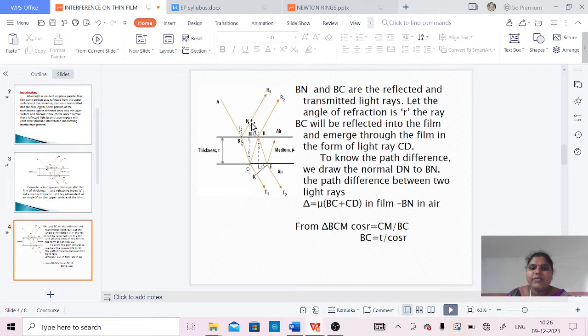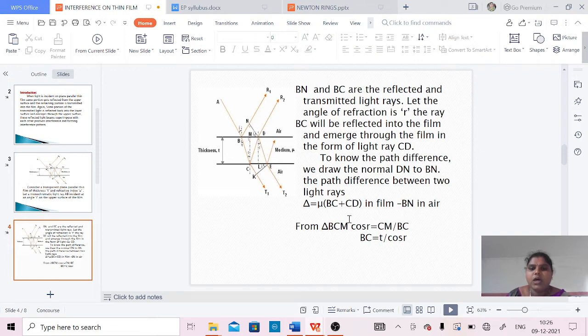Okay, let us see what phenomena occur inside the film. To know the path difference, we draw the normal DN to BN. How much path difference there is between the incident ray and the final reflected ray is what we need to know, so we draw a normal from D to N, that is DN to BN.